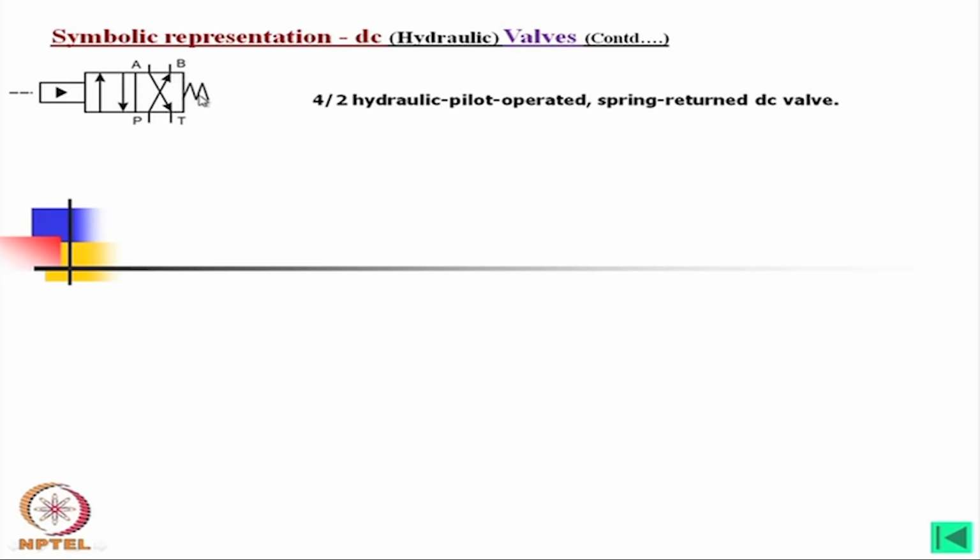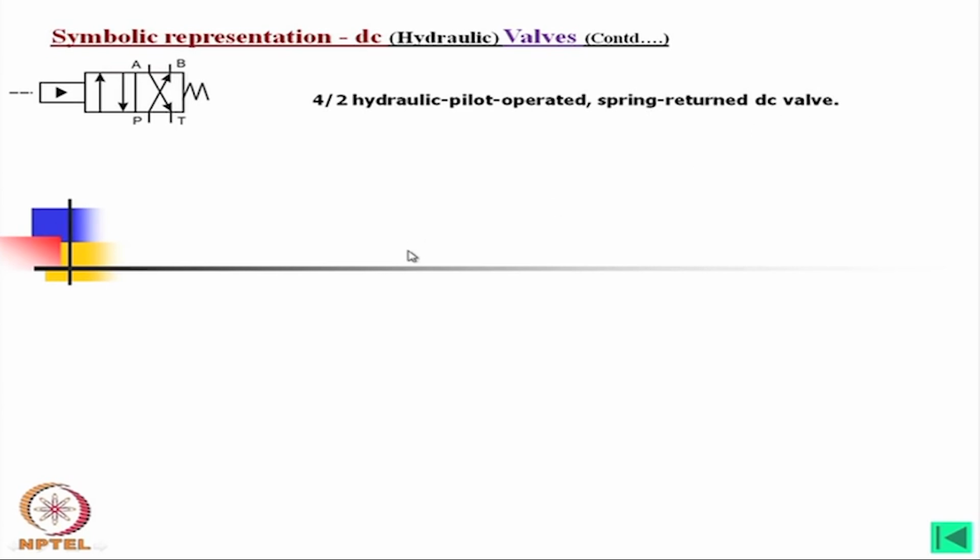You can understand this is the symbol of the spring, and on the left side there is another rectangular block with an arrow and a dotted line. Now, this is a 4 by 2 hydraulic pilot operated spring return DC valve.